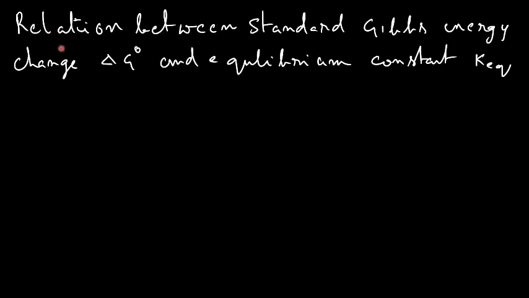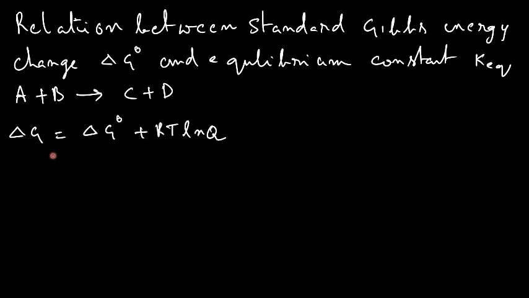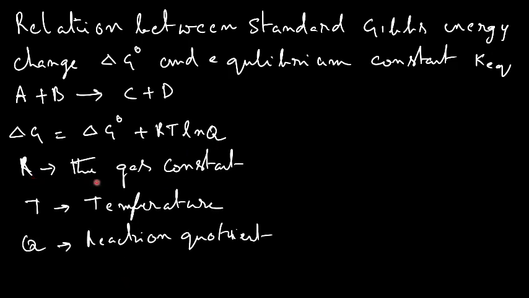Now let us discuss the relation between standard Gibbs energy change, delta G naught, and the equilibrium constant K EQ. Consider a reaction A plus B gives C plus D. The relation between Gibbs energy change and standard Gibbs energy change is given by delta G equals delta G naught plus RT ln Q, where R is the universal gas constant, T is the temperature, and Q is the reaction quotient.